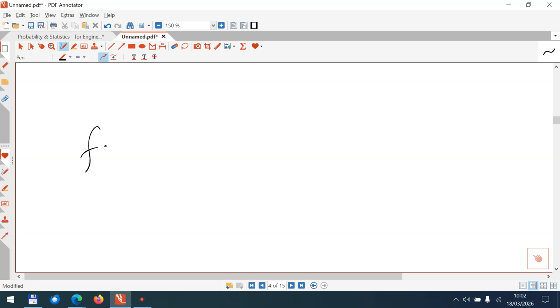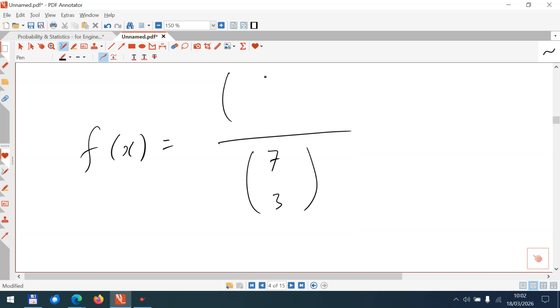So the PMF of this random variable will be: you need the size of the sample space, which is 3 components drawn from 7, and X good components, because X is the number of good components, right? They can only be selected from 4.